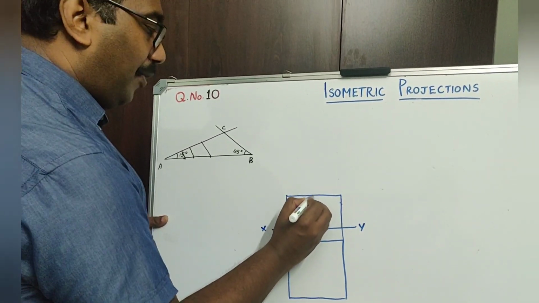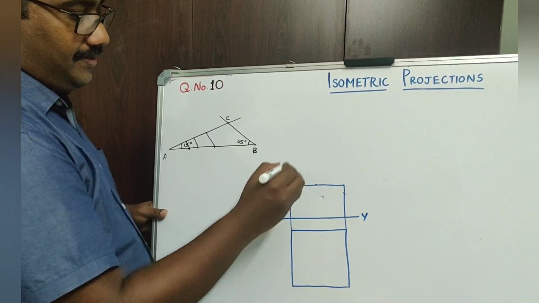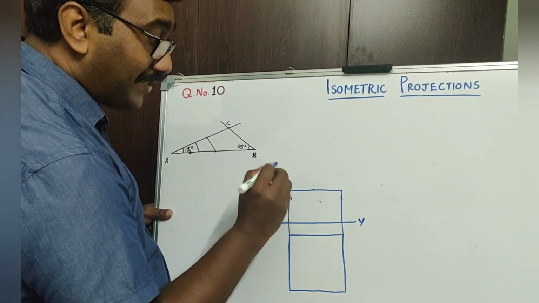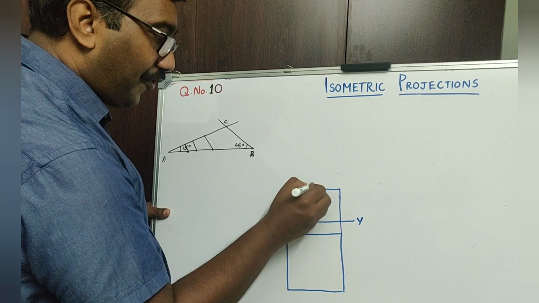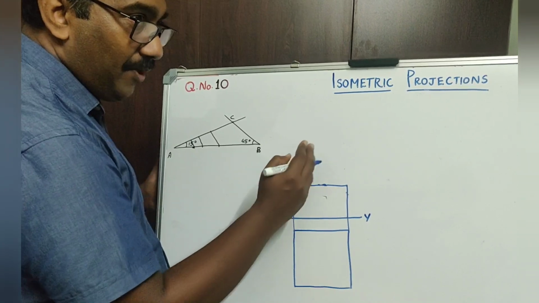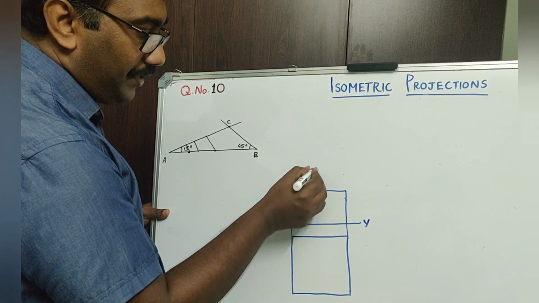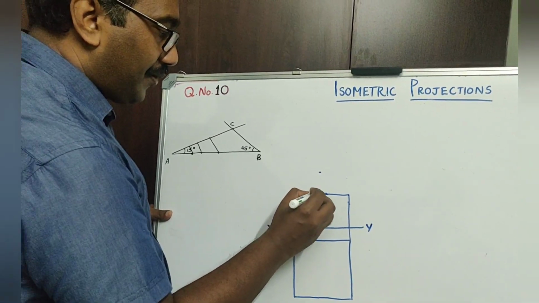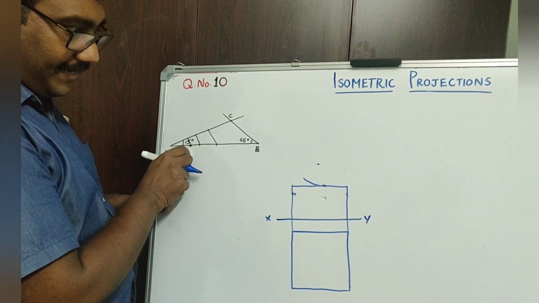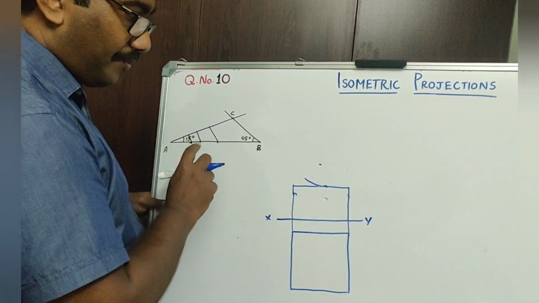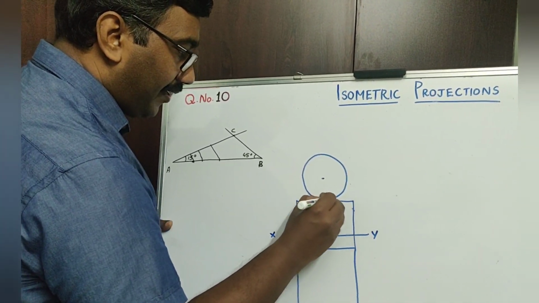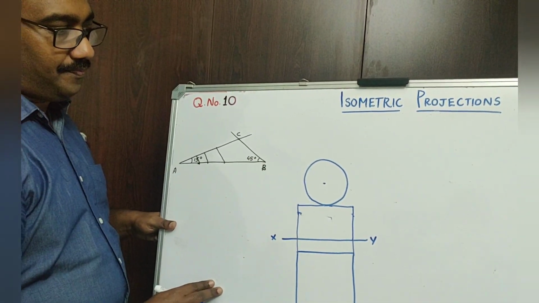Above this, there will be a circle or sphere. So the sphere can be shown in the front view as a circle. So the radius is 20; from the center, it is centrally mounted, so from center to this, it is 20. So using 20 as a radius, the radius can be taken from the isometric scale. All the dimensions are taken from the isometric scale. Based on that, you are going to complete the sphere as a circle in the front view.